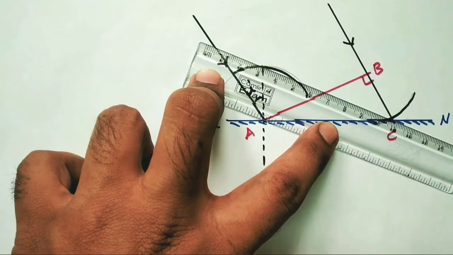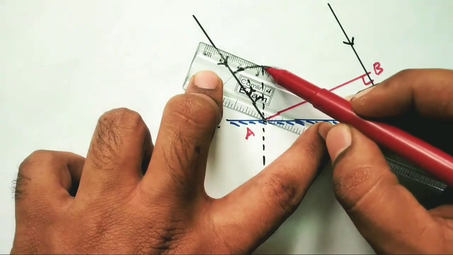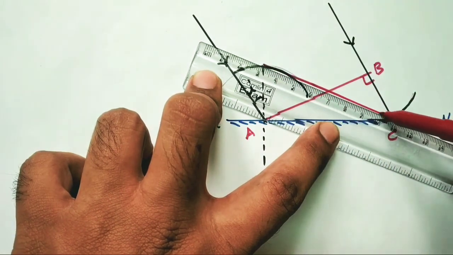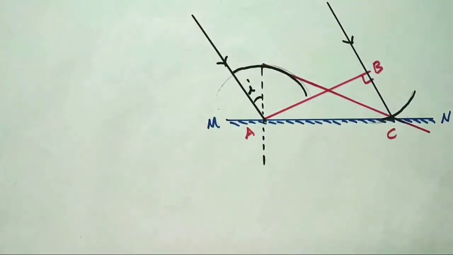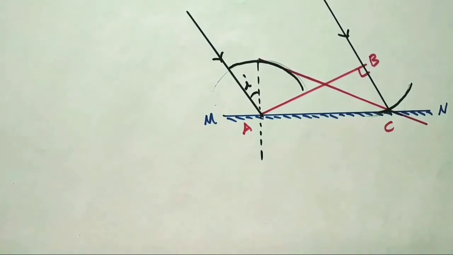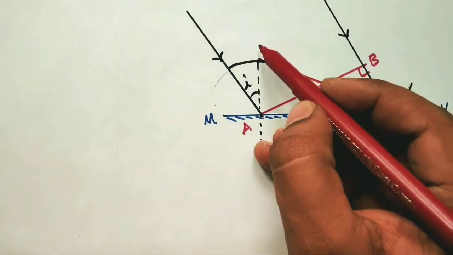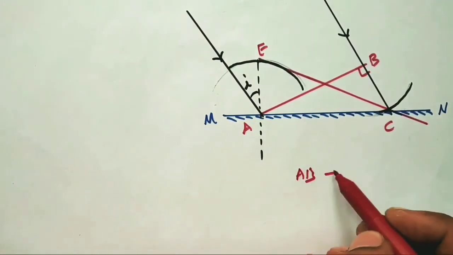This is the tangent drawn from the spherical wavefront from point A to the interface point C. Now let us name this point as E.